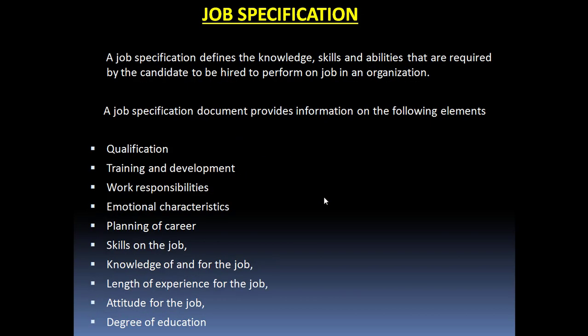And next comes job specification. So job specification defines the knowledge, skills and abilities that are required by a candidate to be hired to perform the job in an organization.